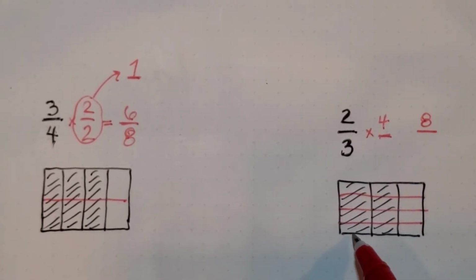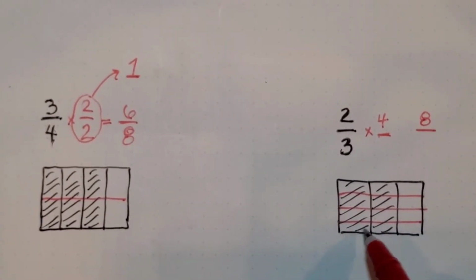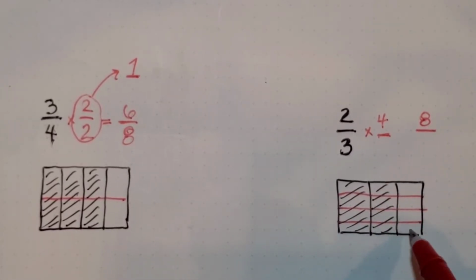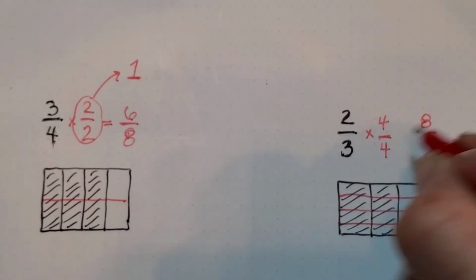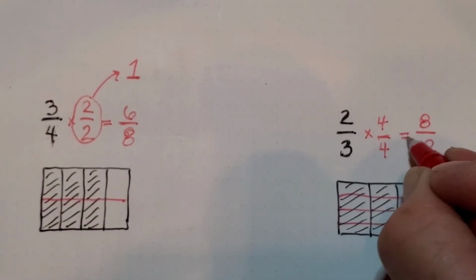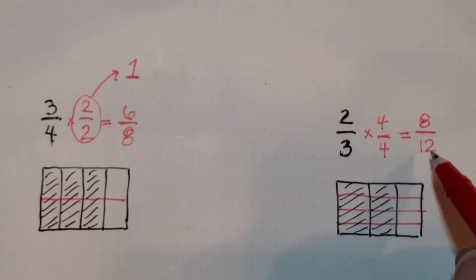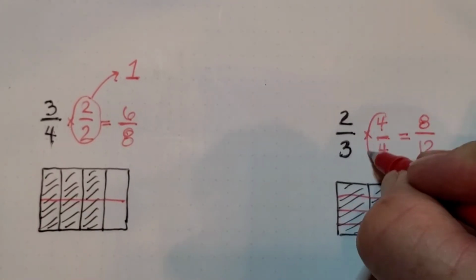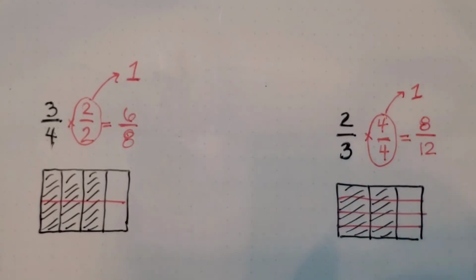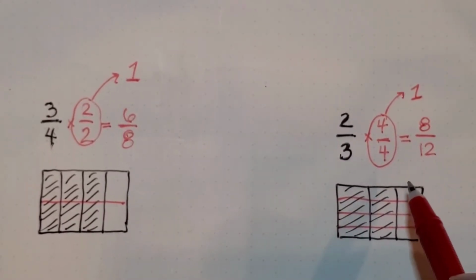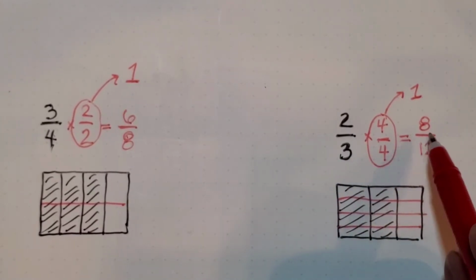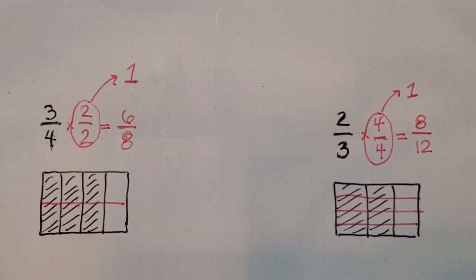And we went from 3 equal sized pieces here to 12 equal sized pieces, which is 4 times larger than 3. And that's how we ended up with 8/12. And again, since 4/4 is the same as 1, we really just multiplied by 1. That's how I know that 2/3 is equal to 8/12.